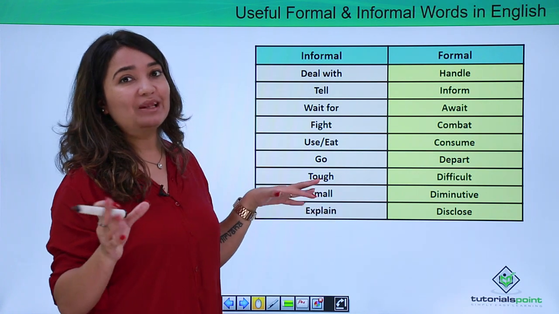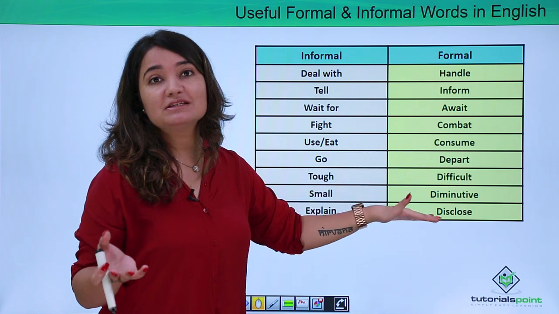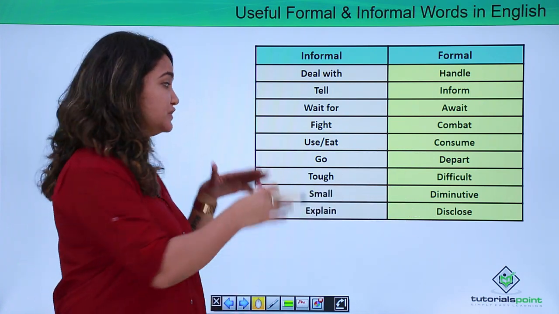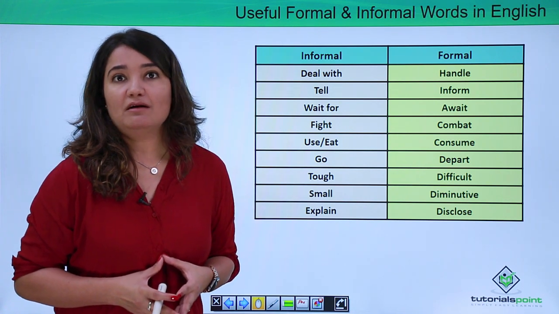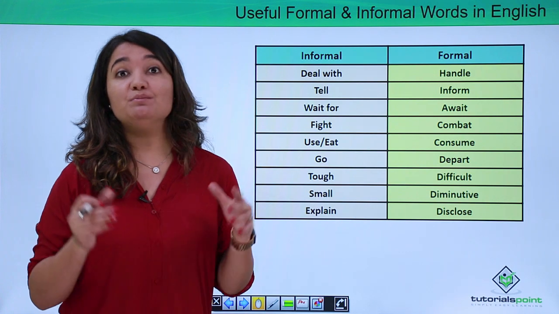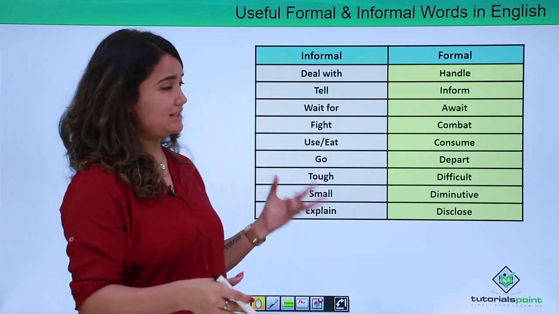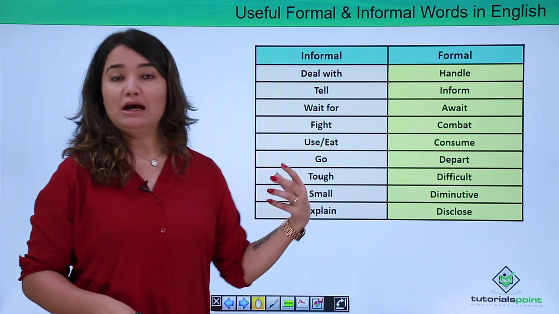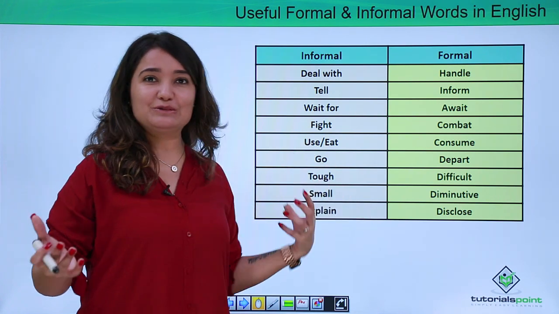Small. So small is a very informal way. And diminutive. Diminutive is again a very formal way of using the same word. So it's like the sales are almost diminutive, right? So diminutive is a very formal way of indicating the same thing. Explain or disclose. Disclose is more formal compared to explain.